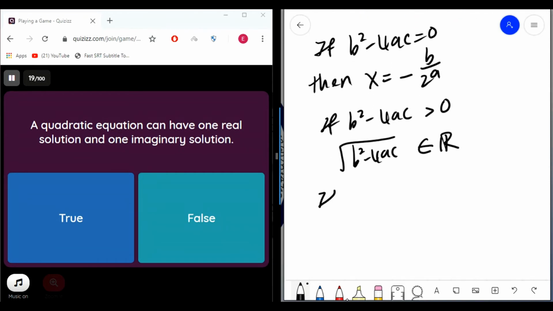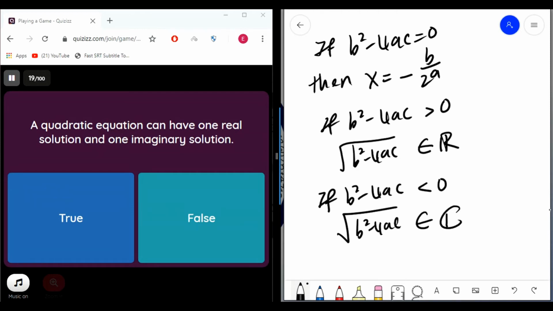If b squared minus 4ac is smaller than 0, when we take the square root of b squared minus 4ac, like I said earlier, it will be a complex conjugate pair, a plus bi, where b is not equal to 0. It will be in complex conjugate pairs. So both of them will be imaginary. Therefore, it is impossible to have one real and one imaginary root.